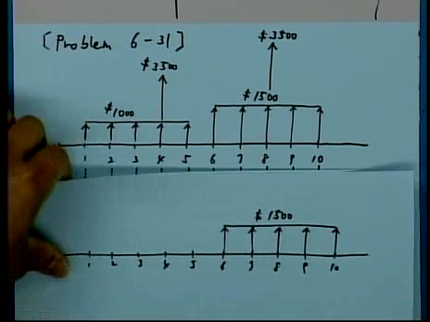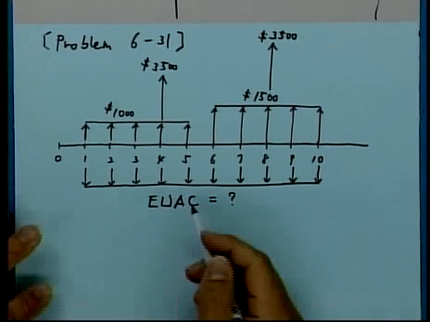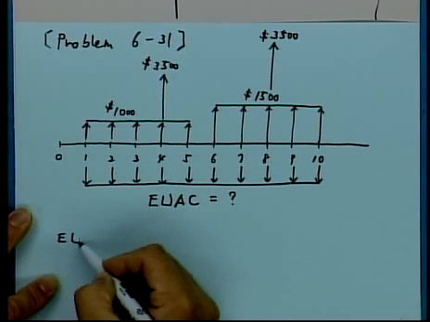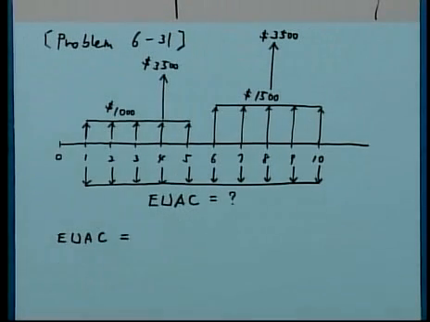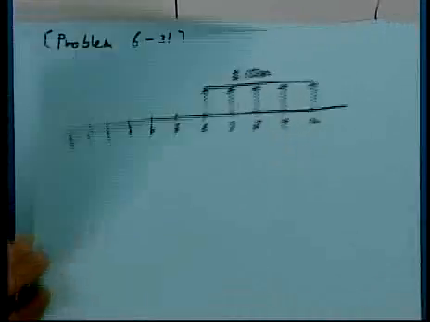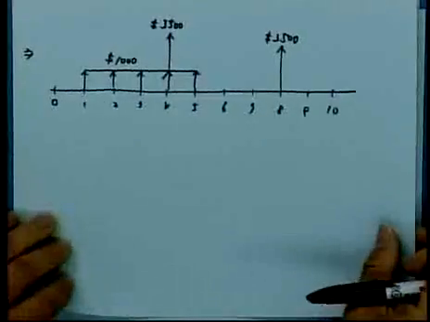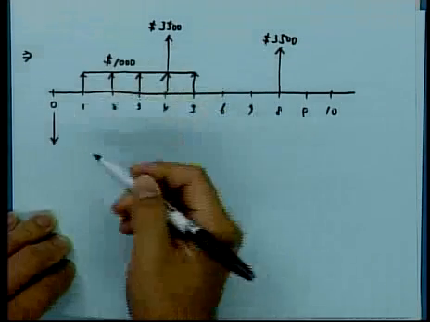Okay. So here, the equivalent uniform annual cost can be computed from the present sum of money.